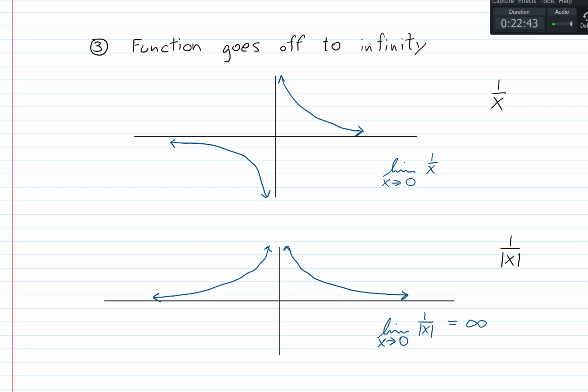So technically, that doesn't exist. But it's still good to point out what information you can. And it's worthwhile pointing out here that the function is, we call it approaching infinity.